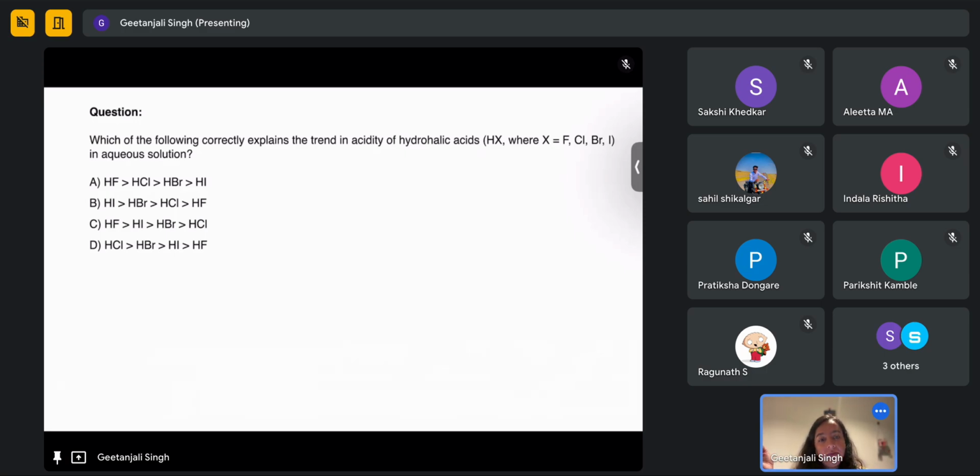A, atom. You see the atom is changing. Apart from H, there is a change in the halogens: F, Cl, Br, I minus. Now think about the trend, how acidity changes when we move from top to bottom in the periodic table.